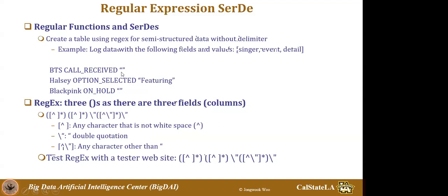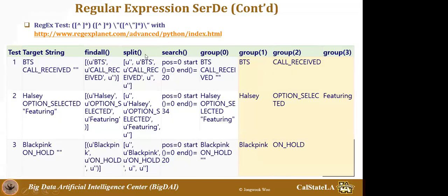And for the third field, you have an empty value within double quotation or some string value within double quotation. So you have to start and end with a double quotation. After that, within this double quotation, you should have any character except double quotation, that could occur multiple times. Okay?